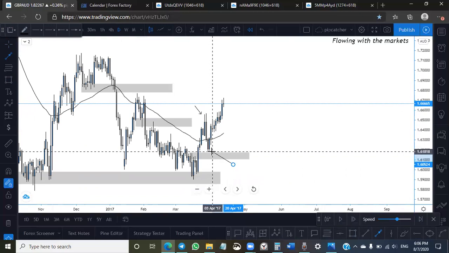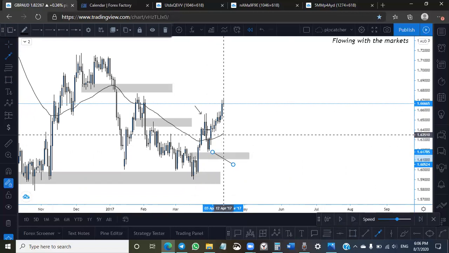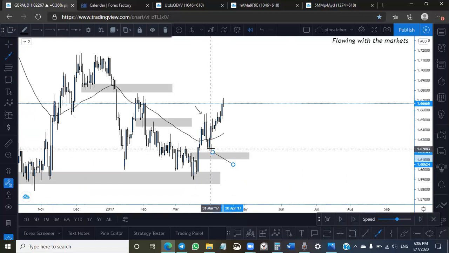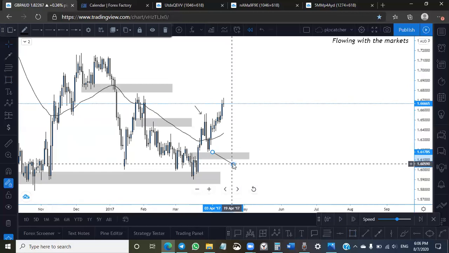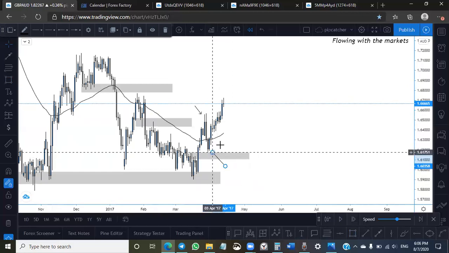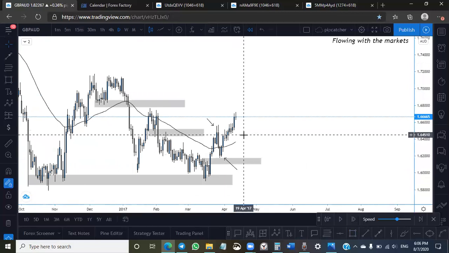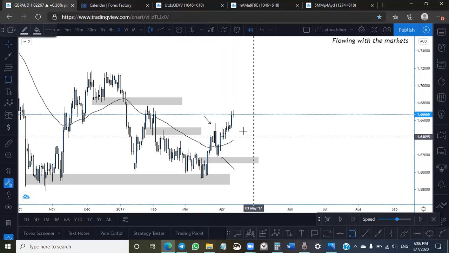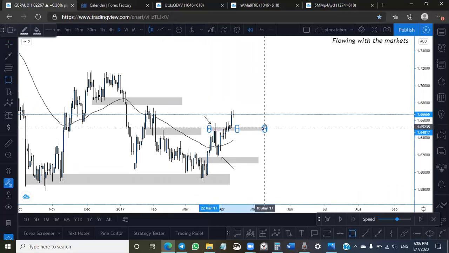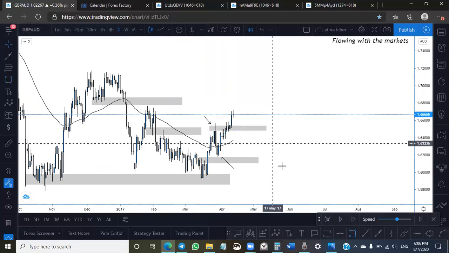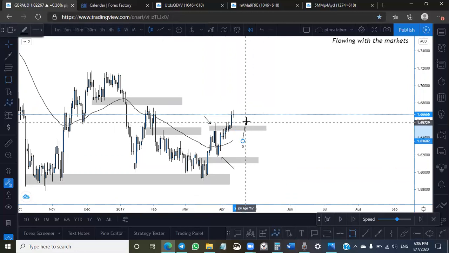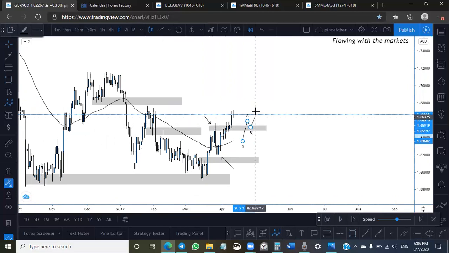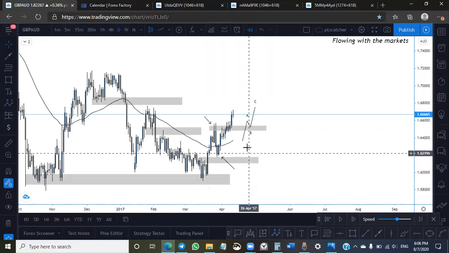So we have now a higher low area in this market, giving us potential confirmation now that we can look for buys. Price has now broken above this previous high right here. So I think I will look in this area for a potential continuation for buys to the upside like this.